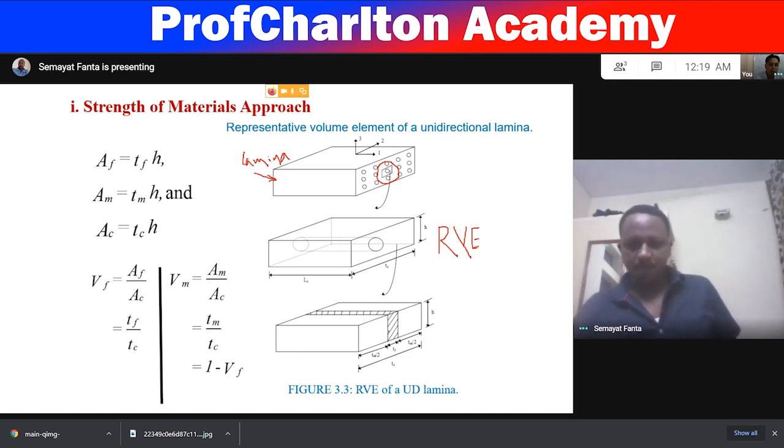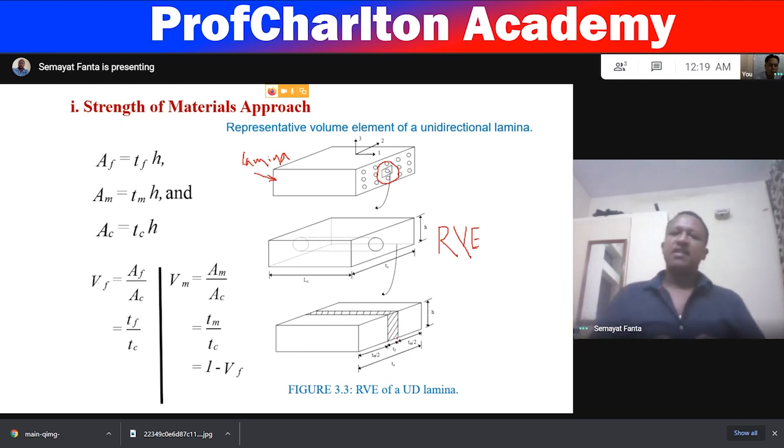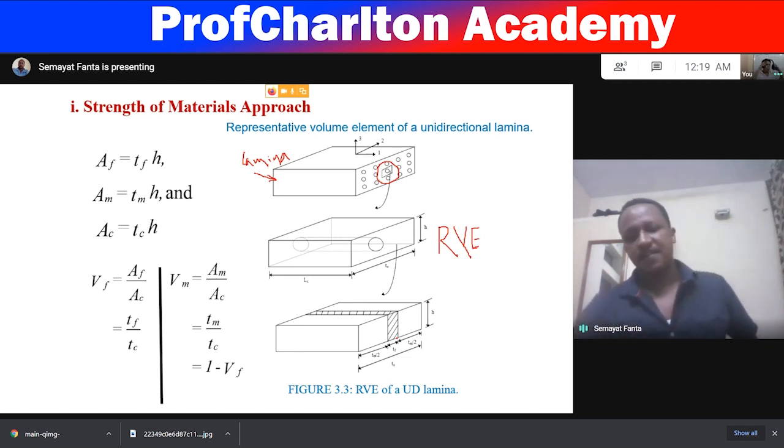So we can see this cross section or hatched region, which is not matrix, it is fiber, that is considered the fiber.